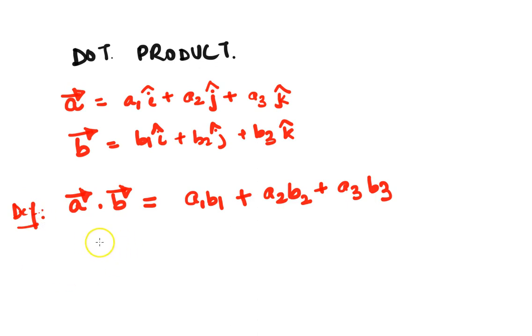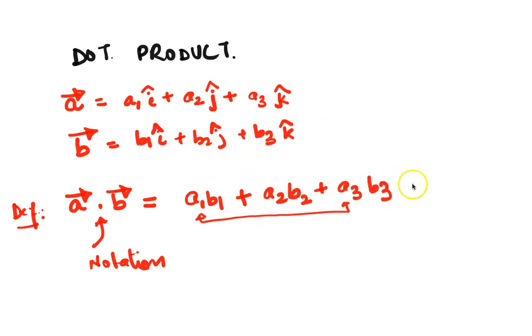So note a few things. Note the notation. The dot product is given by A point B vector, right? And the other quantity is basically a multiplication of scalar numbers: A1 B1, A2 B2, A3 B3.